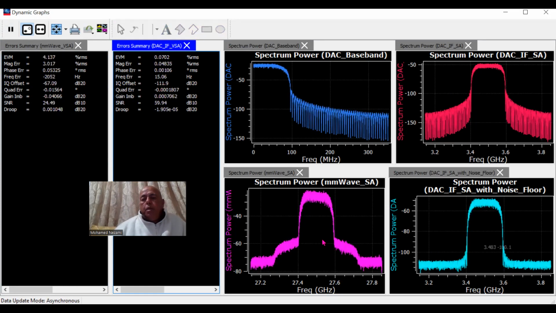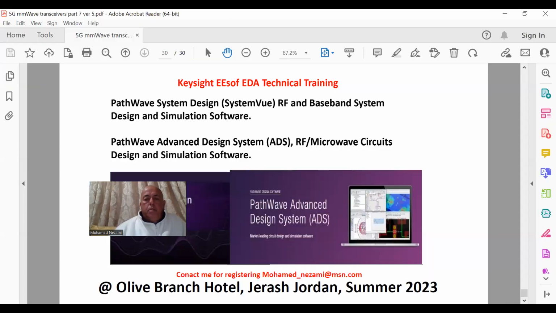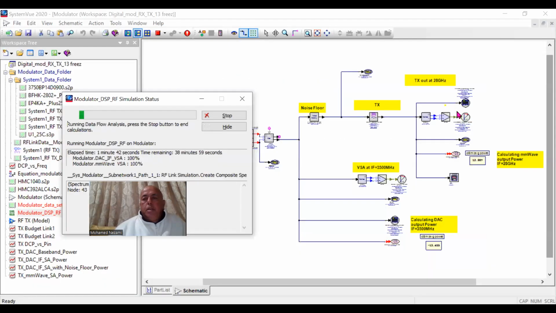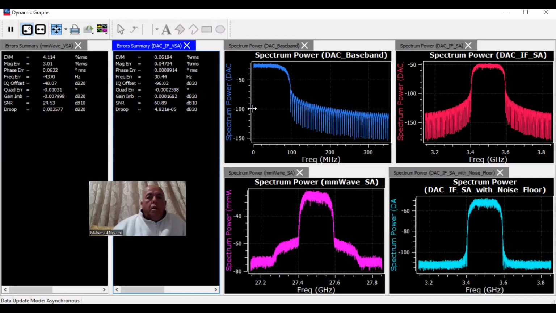This is the PA here. This is the baseband. So what you're seeing is these here and these here, which is before the RF and after the RF. So you see the same thing that I just showed you.